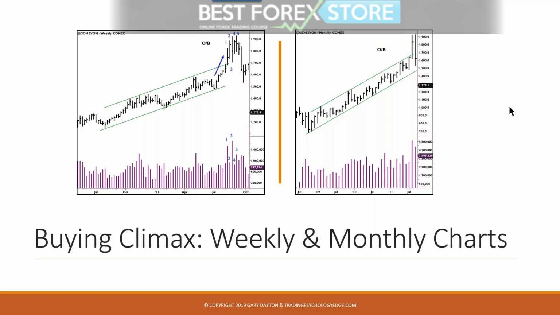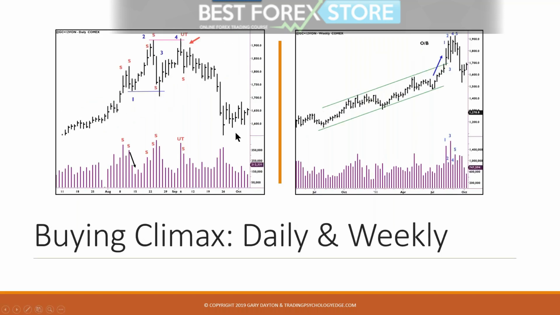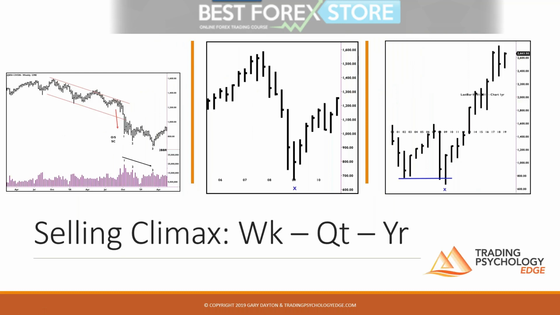So that's weekly and monthly, and then the daily. So this gives you a nice trade in here, or it did give you a nice trade. Selling climaxes, as I said, are the reverse of buying climaxes, so we don't have to spend a lot of time going through definitions. But I want to remind you that we have the normal angle.